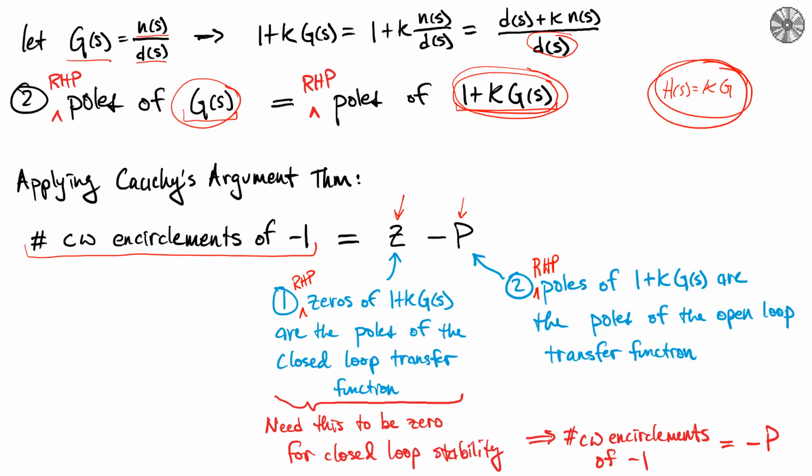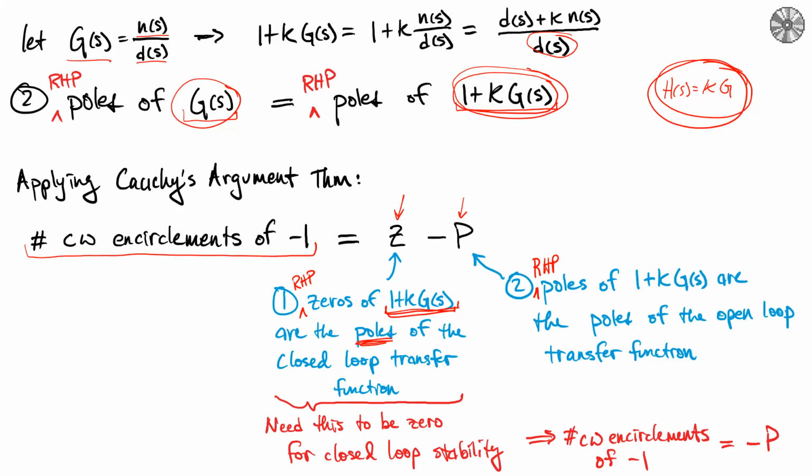All right, and so the zeros of 1 plus kg correspond to the poles of the closed loop transfer function, and we're talking about the right half plane ones, so we really want this quantity to be 0 if the closed loop system is going to be stable. So the closed loop transfer function cannot have any poles in the right half plane if we want it to be stable. So we need this quantity z to be equal to 0.